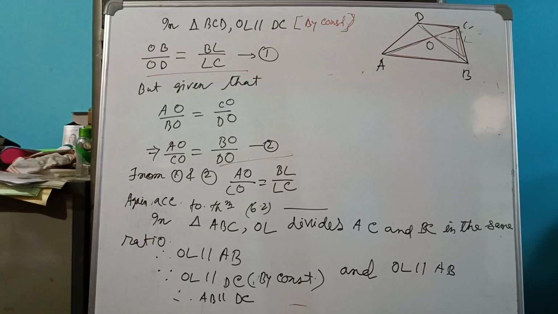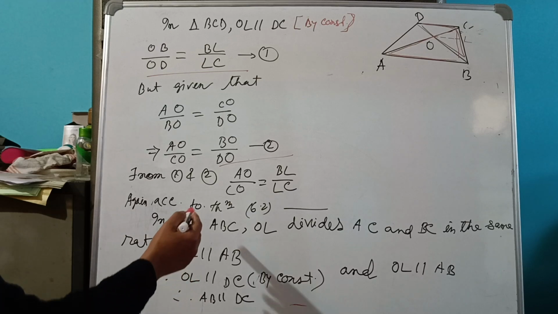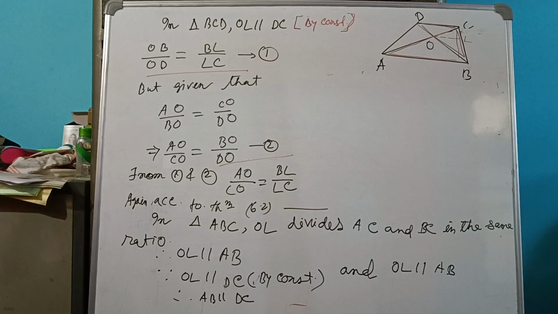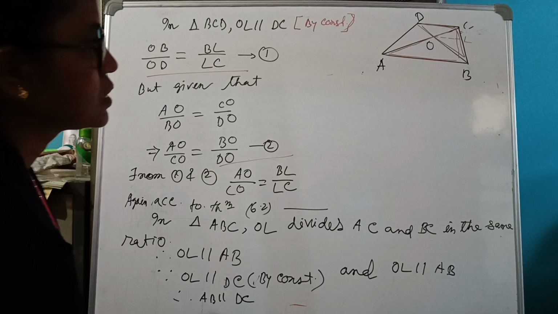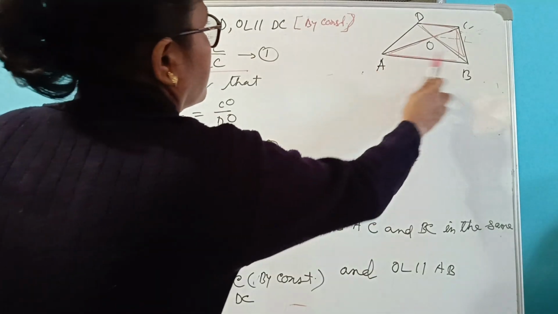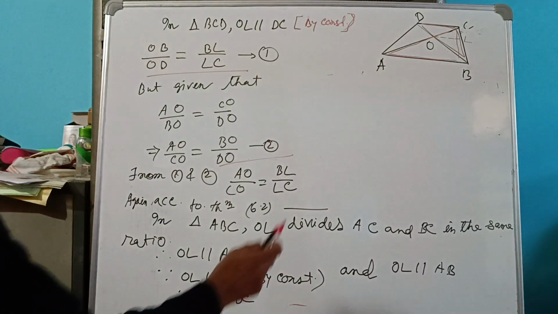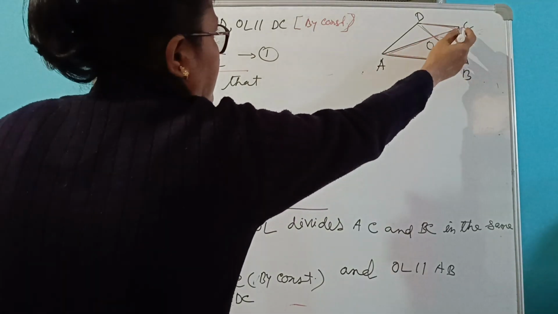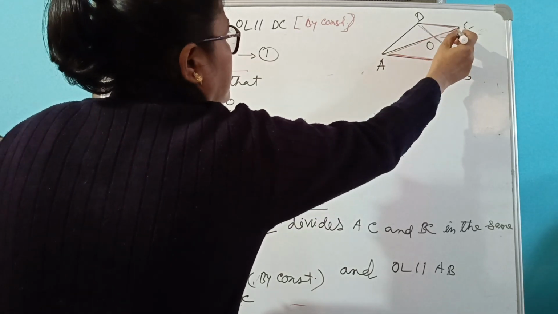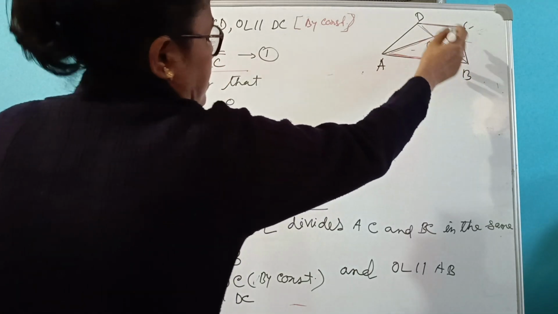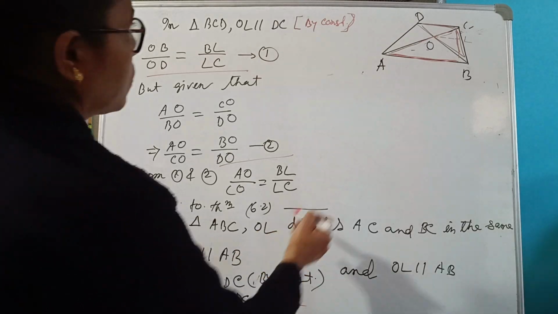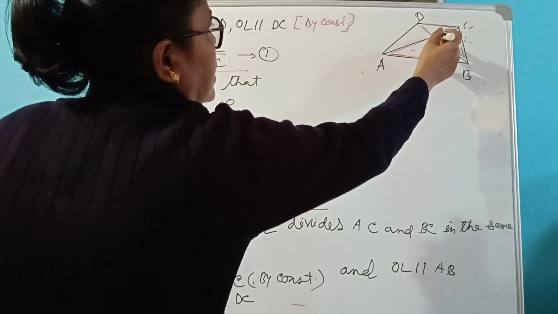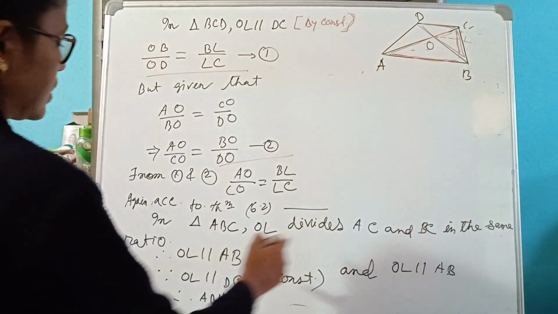And what we find, according to theorem 6.2, you must write the theorem. In triangle ABC, see here, this is the triangle. Here OL divides AC and BC in the same ratio.